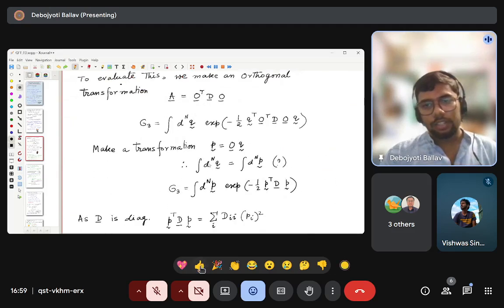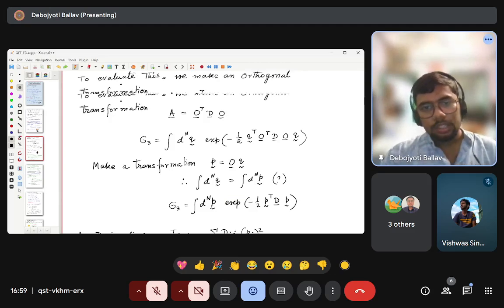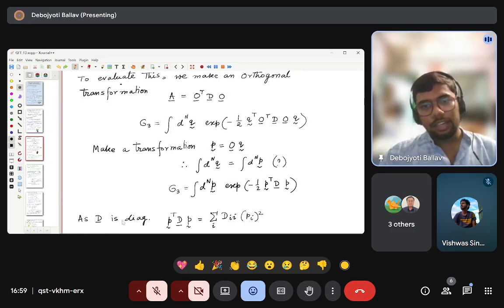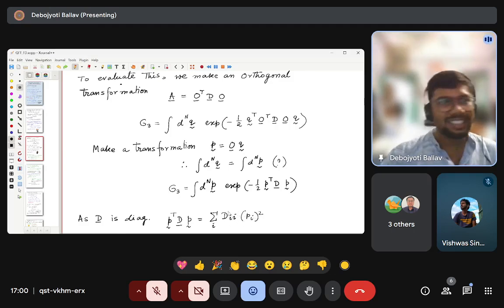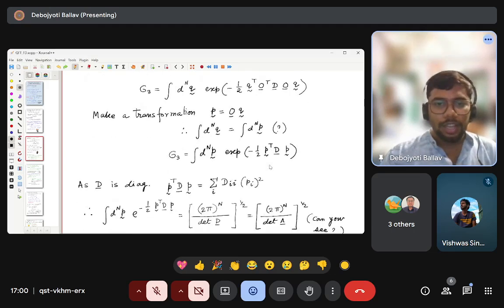So if you write that, you can write your integral in terms of p and D. So g3n is now written in terms of our new variable, new array p, and the exponential is written in terms of the diagonal matrix D. As D is diagonal, you can write this P transpose D P as a sum of the diagonal entries d_ii times p_i squared, and that will give you the answer, which is this.